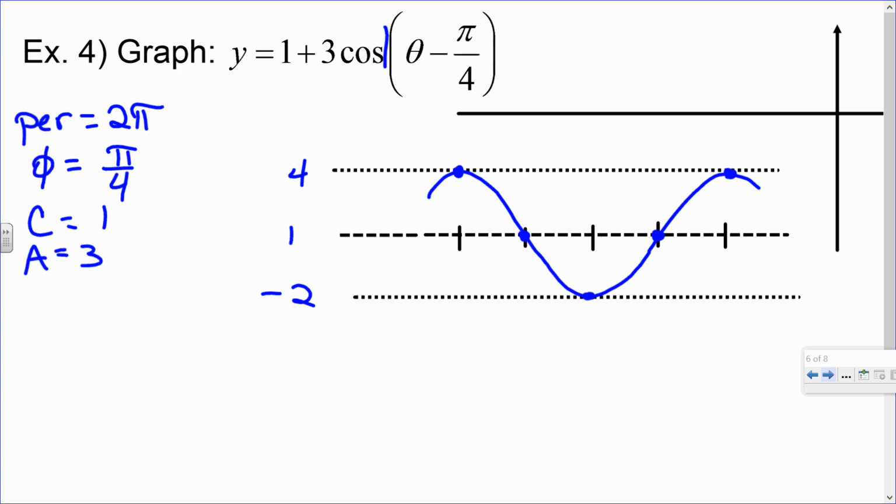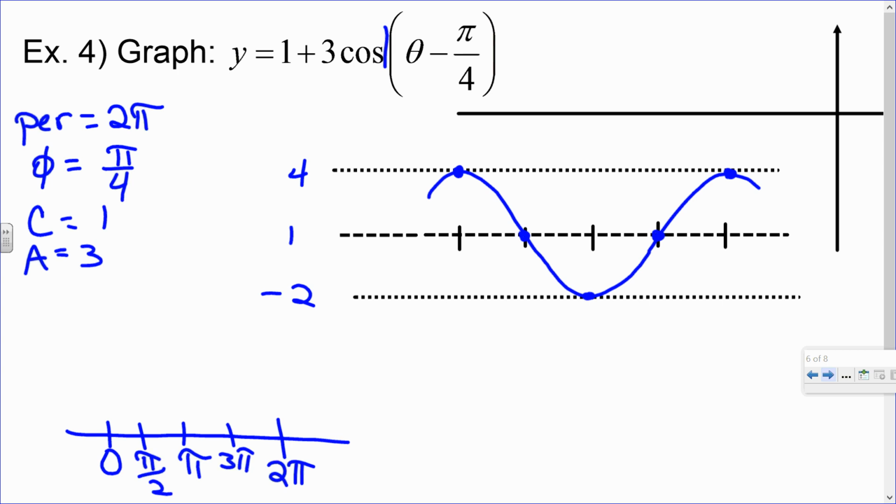Since this one has a horizontal shift, we have to do scratch work. So we're going to draw a scratch work number line, 1, 2, 3, 4, 5 marks on there. Since the period is 2 pi, the first one's 0, the last one's 2 pi. What's the middle one? What's the second one? And then that means 3 pi over 2 in terms of our scratch work there.